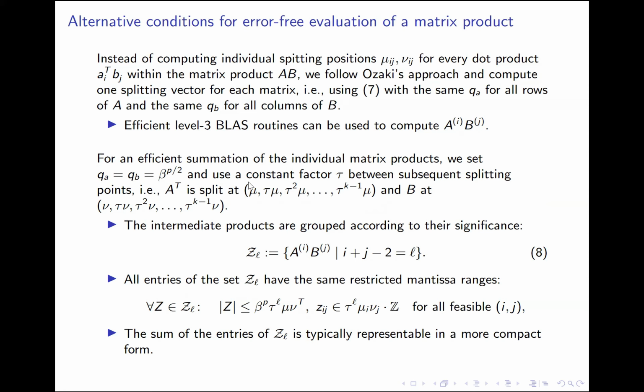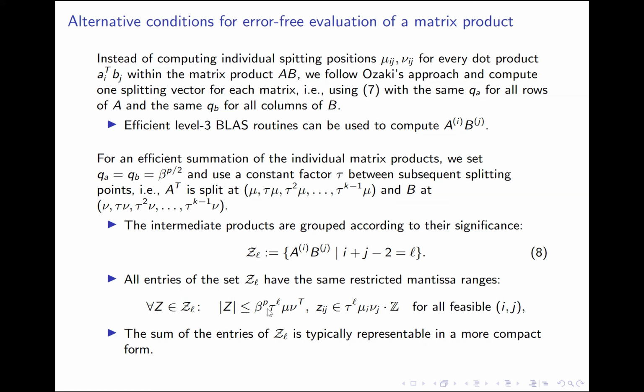And by using the same constant factor between all these splitting points, it's possible to group the intermediate results according to the significance within sets Z_L, which are just the set of all the products with the same sum of indices.